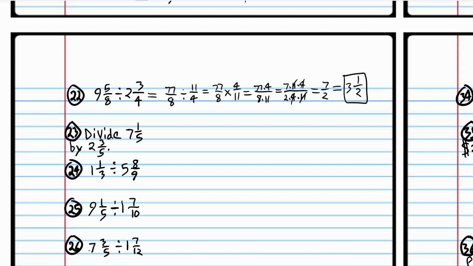All right, so we're back. 7 1/5 divided by 2 3/5. Oh, whoops.